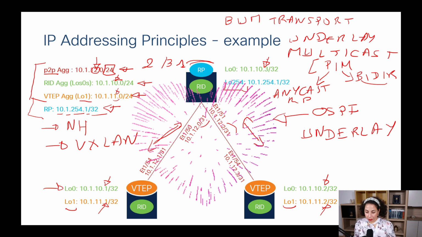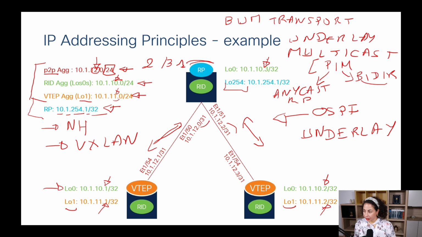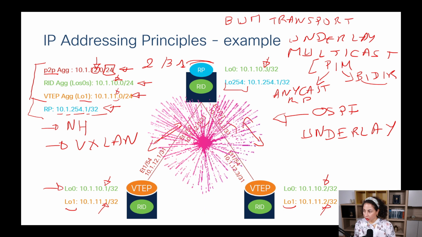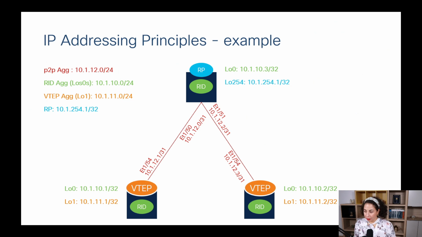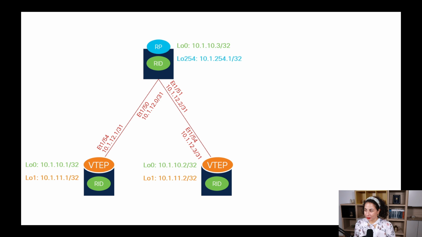So that's it for what we will be configuring and the key roles of each interface. Now I will move very quickly to the last slide of this recording, which is pretty much the same slide that we just covered, but it will allow me to write the main steps that we will be following in our lab environment.